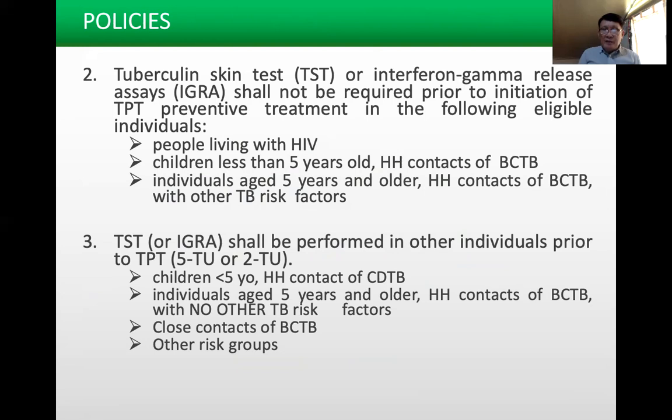Individual age 5 years and older and household contacts of BCTB with no other TB risk factors should also undergo TST. Close contacts of BCTB, okay, should undergo TST first, and other risk groups.